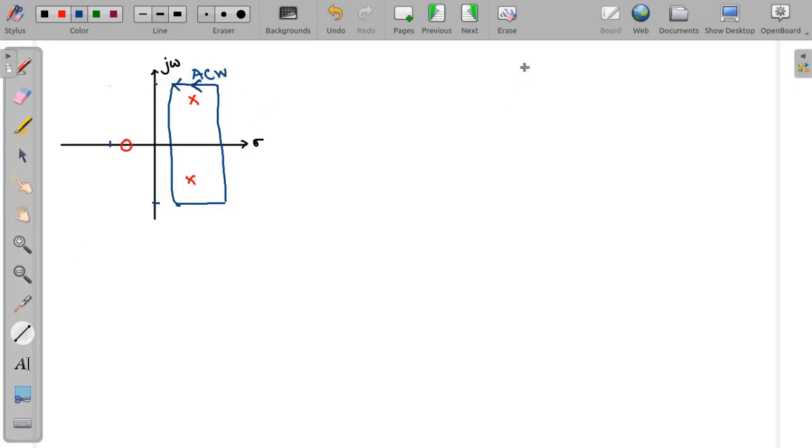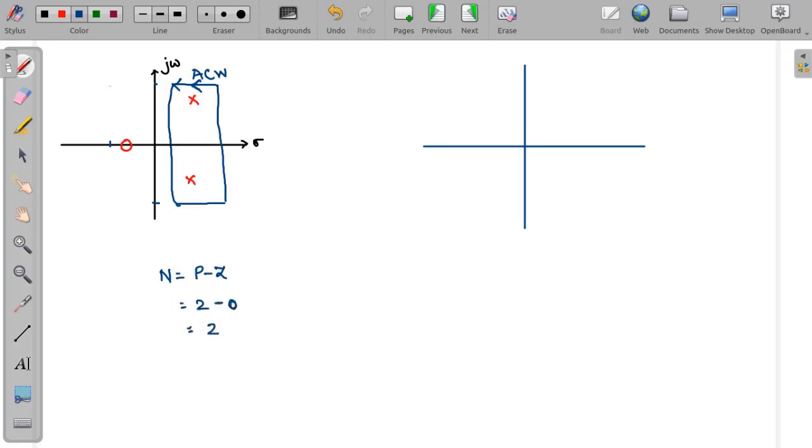Then this is also a pole dominant system, but as we haven't encircled this zero, the number of encirclements is equal to P minus Z. Here you can see the number of poles encircled is 2, and the number of zeros encircled is 0.